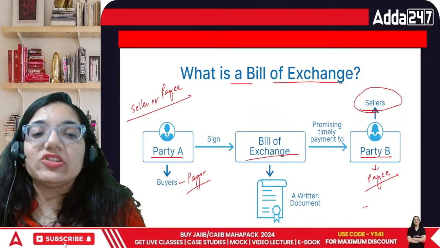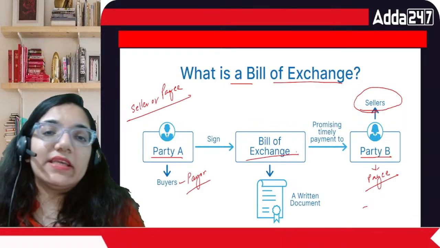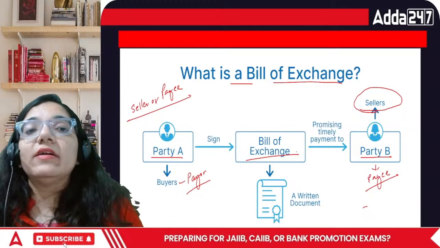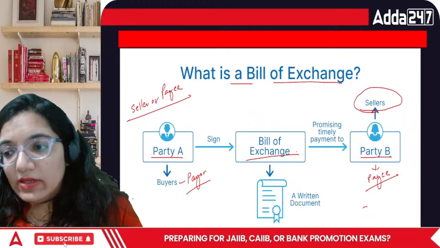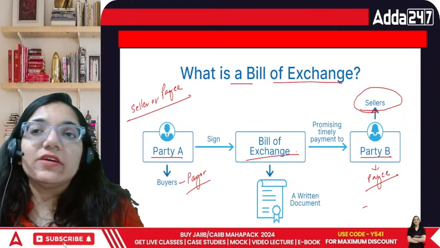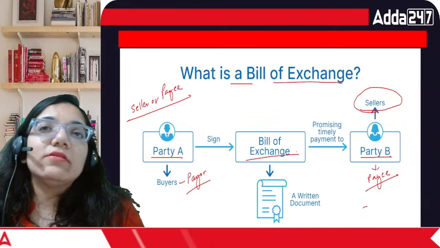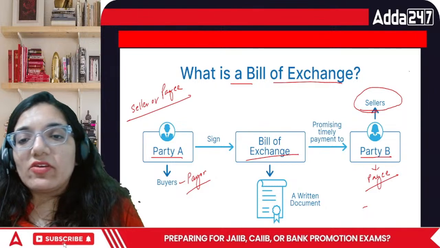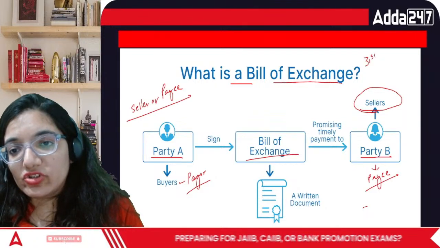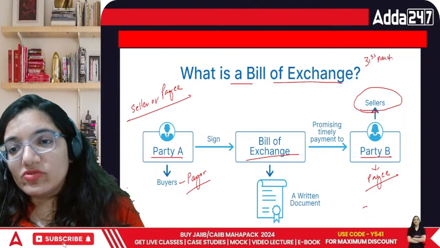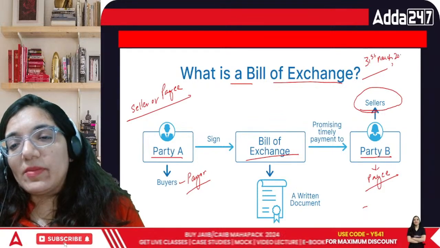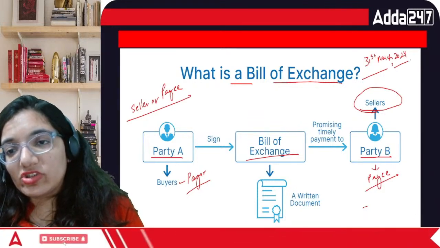Now, bills of exchange is basically: I order party A to pay me or the payee 10,000 rupees after the acceptance of this bill, let's say, on the 31st of March. Okay, so will the bill be applicable on 31st of March 2024?